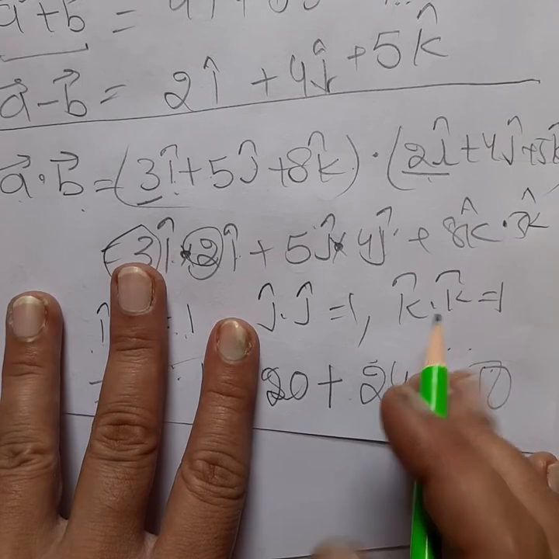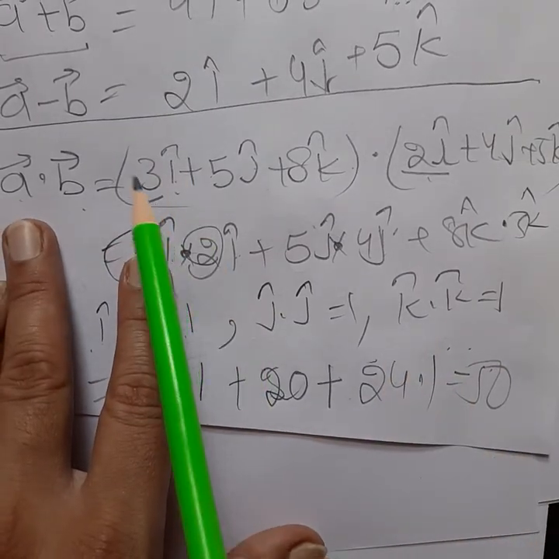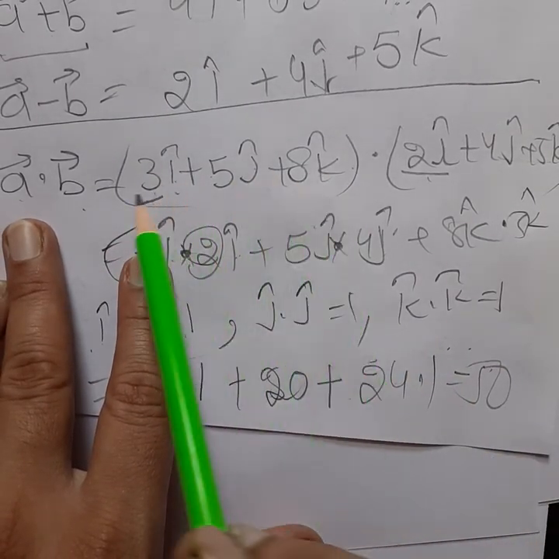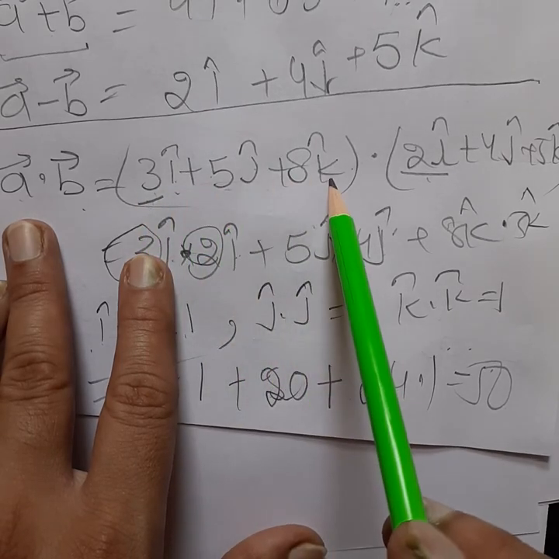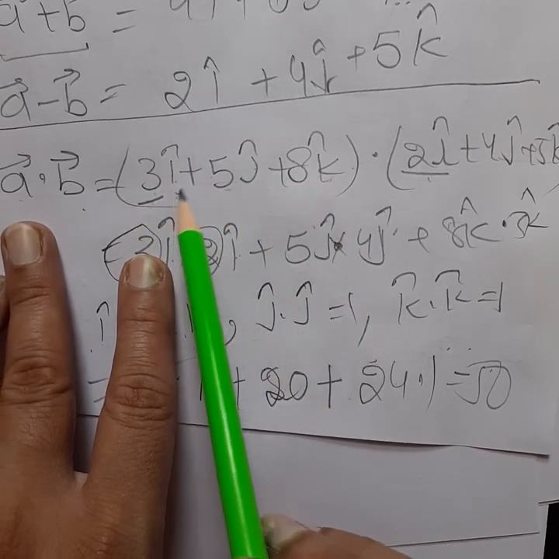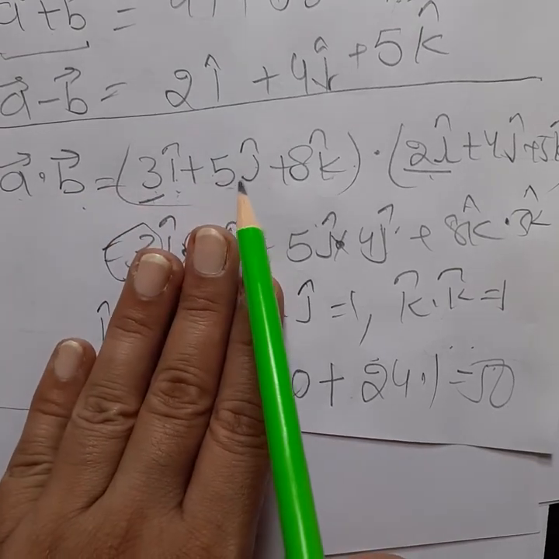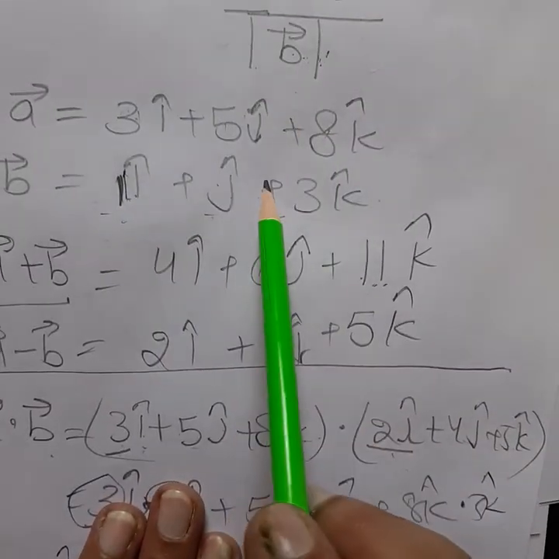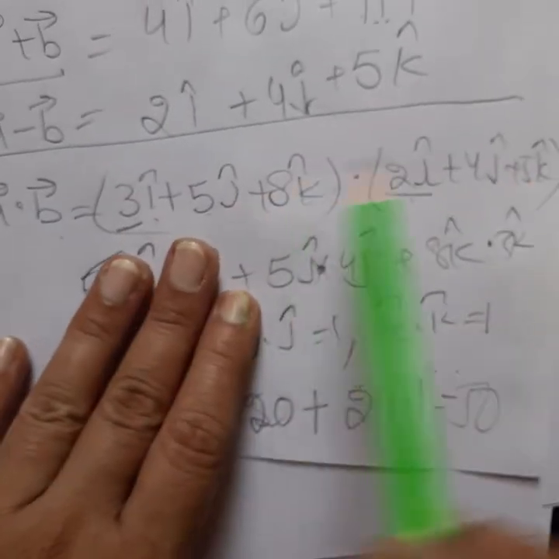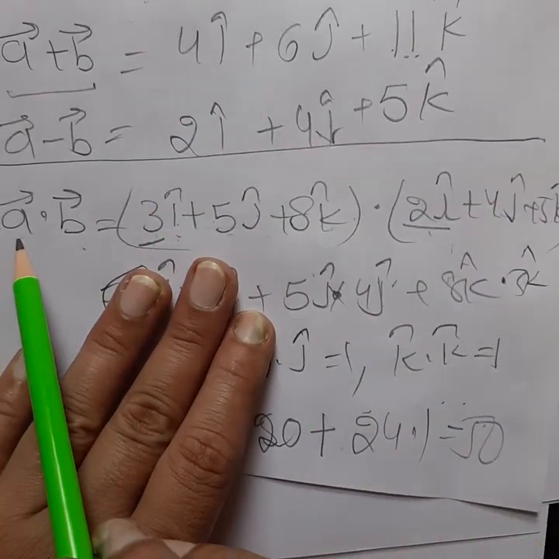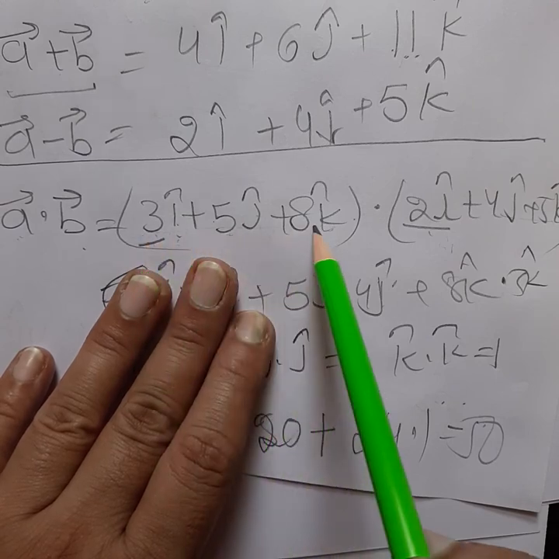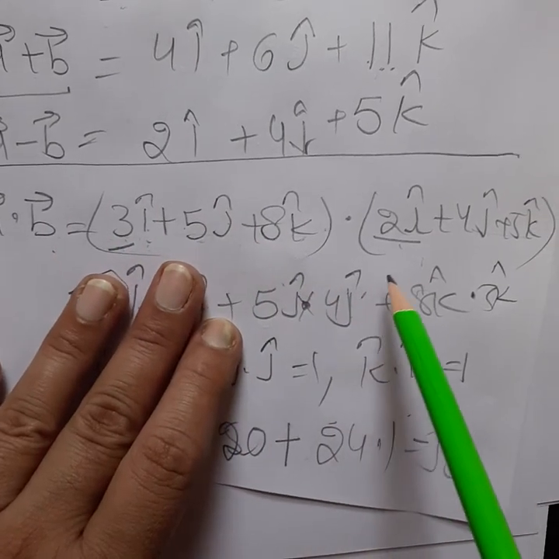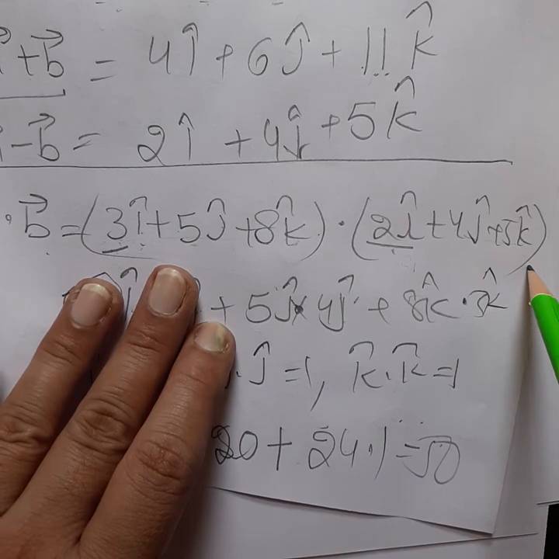I repeat my concept. For example, we take the components of a vector like 3i plus 5j plus 8k. We can take any example. You do not need to connect it with this vector. So the components of a are 3i plus 5j plus 8k, and the components of b are 2i plus 4j plus 5k.